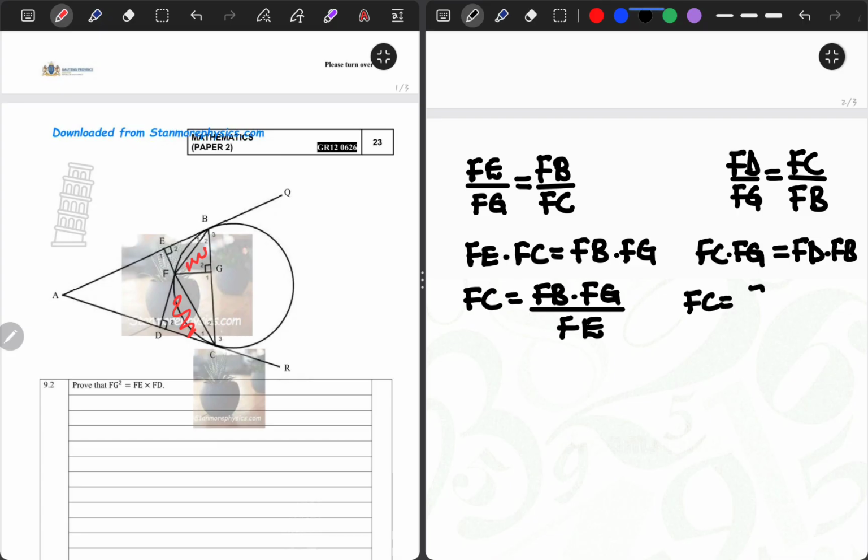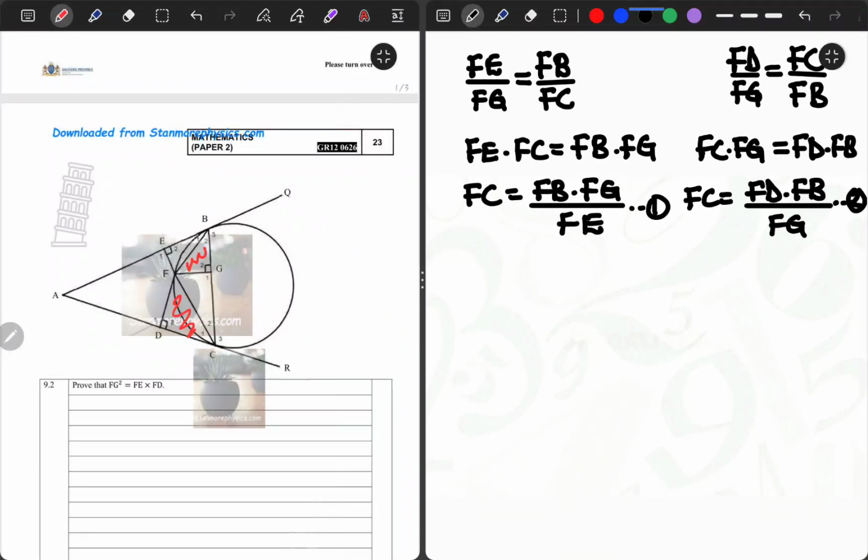That will be FD times FB over FG. This is equation 1. This is equation 2.